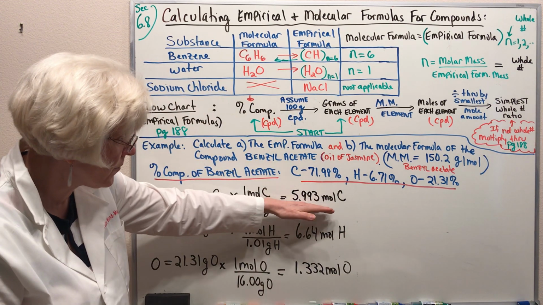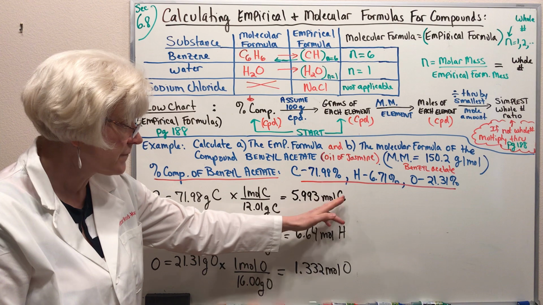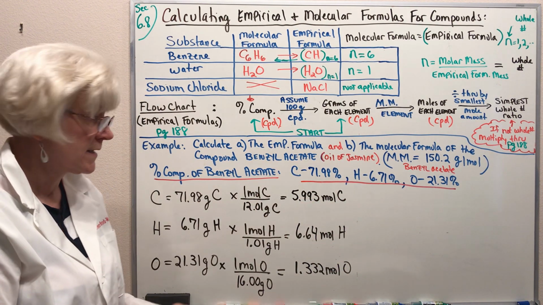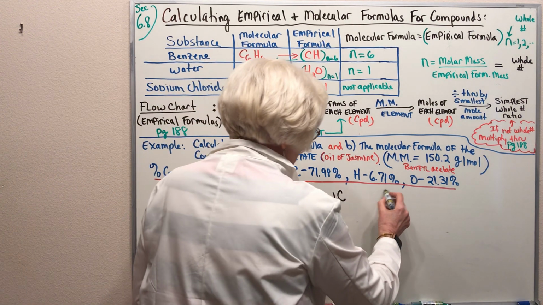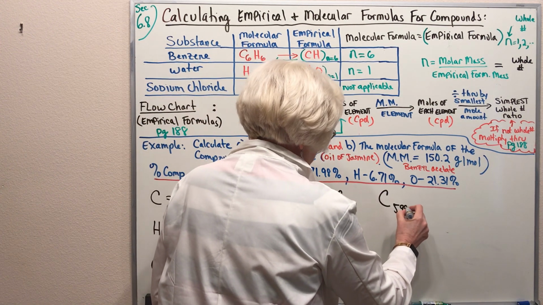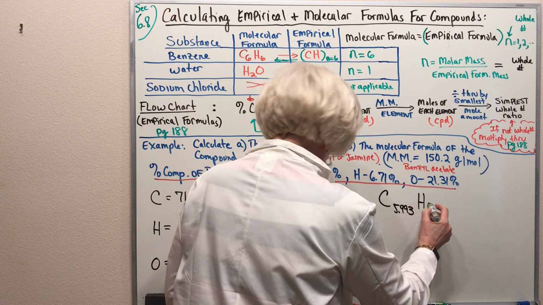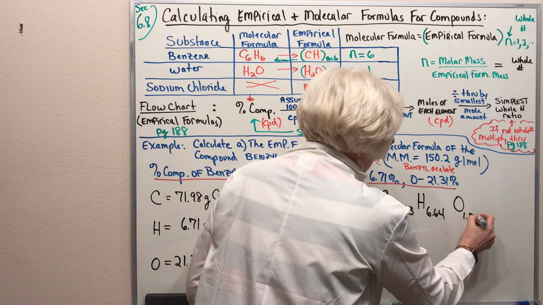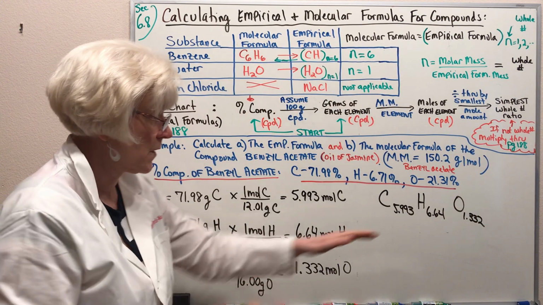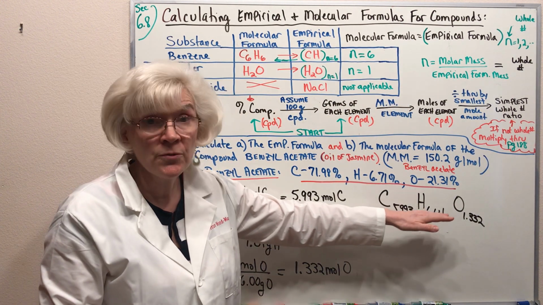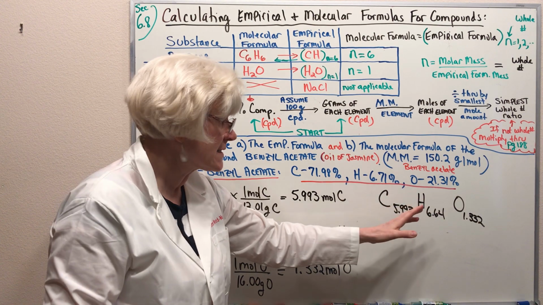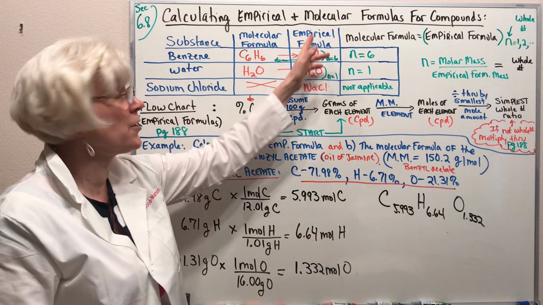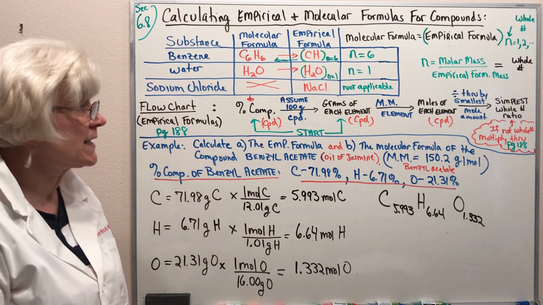So here are the mole ratios of carbon, hydrogen, and oxygen in benzyl acetate. But we know that we never write formulas using fractional amounts. So we cannot write the formula like this. What is that? We don't recognize it. Instead, we have to come up with the simplest whole number ratio, which is what an empirical formula is.